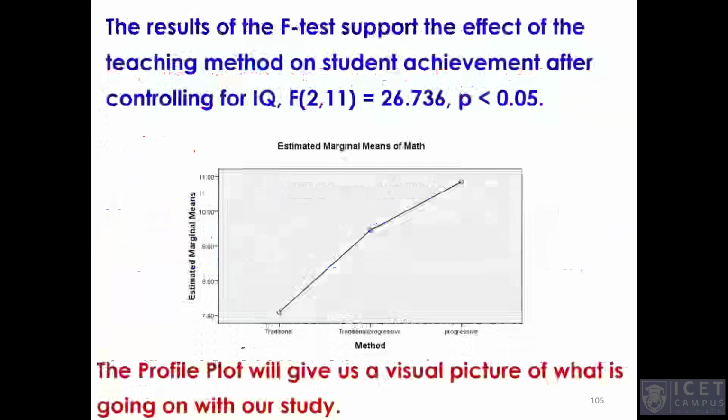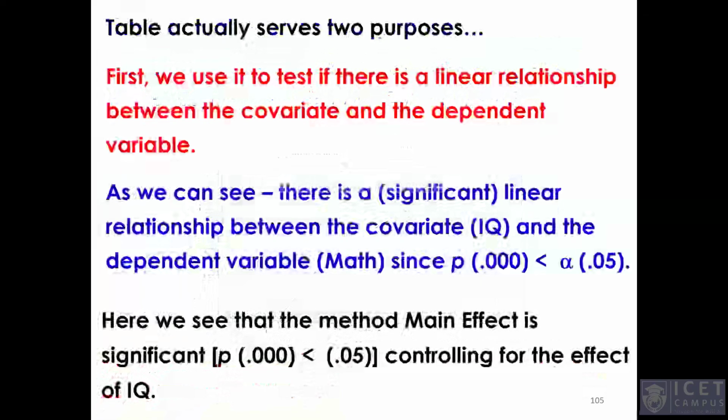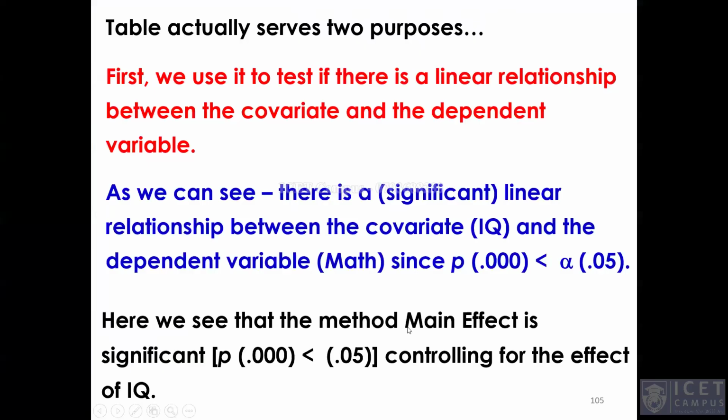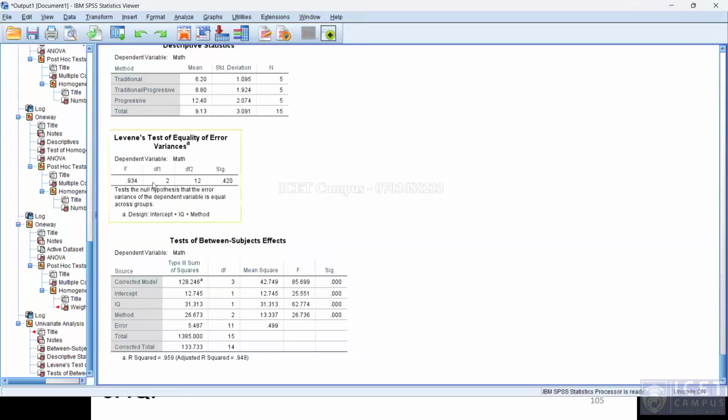Right. So we'll go to the output. You can see here, yes, this is the covariate, maths.